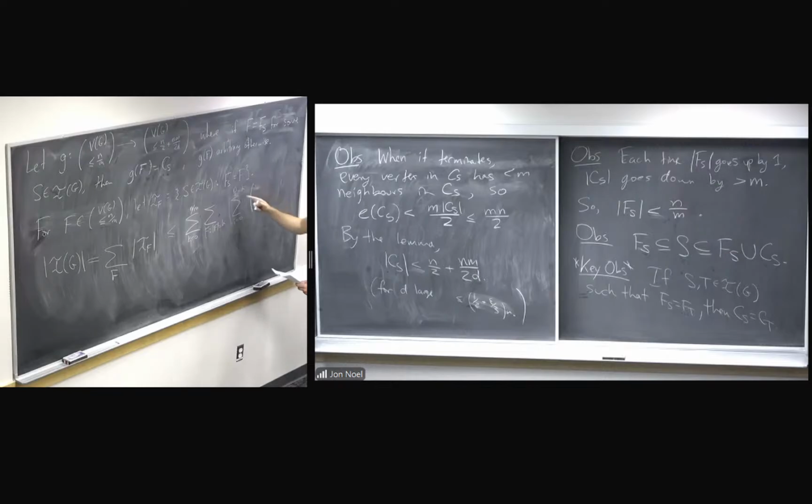So if I've got an independent set, it has to have size at most n over 2. So if I take the elements of f, then I can add at most n over 2 minus k additional elements.